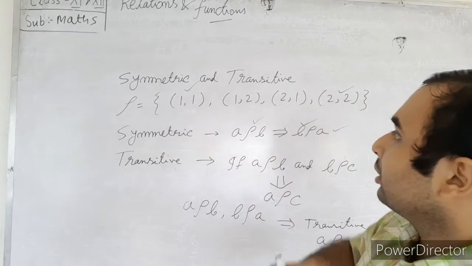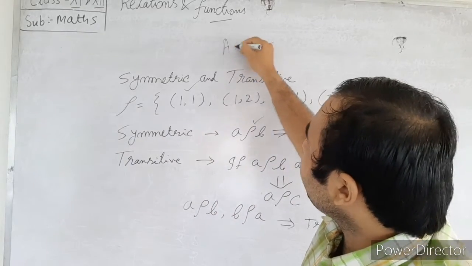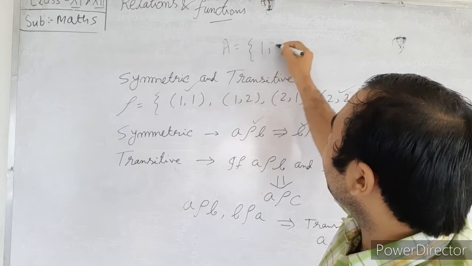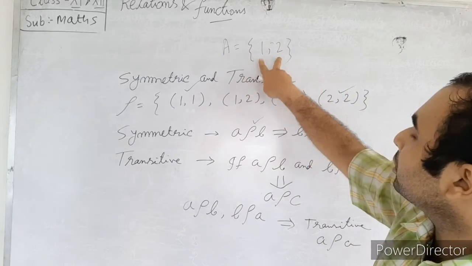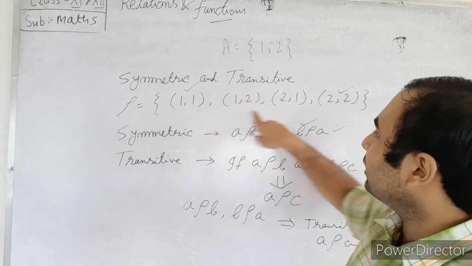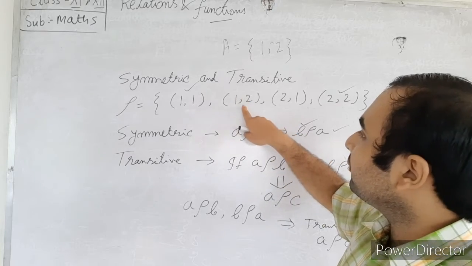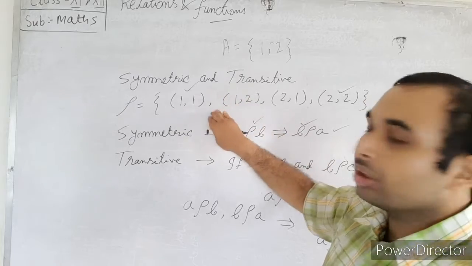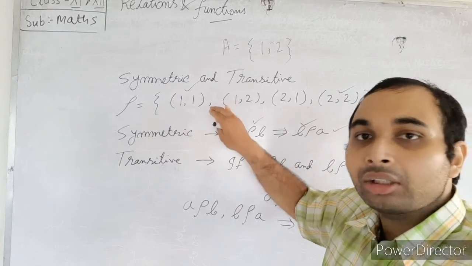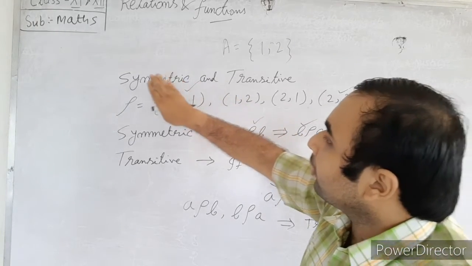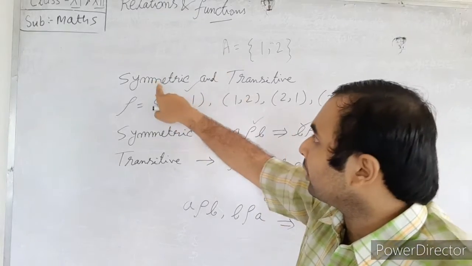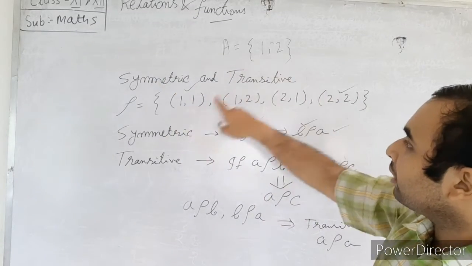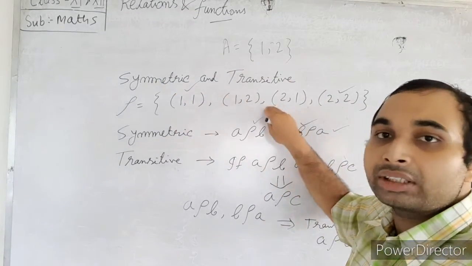Here it is there. If I take the set A as 1 and 2 only, then according to this set, this relation is reflexive, transitive and symmetric. Three conditions are there. I have not taken reflexive at first, only symmetric and transitive, and here the reflexive part is coming automatically.